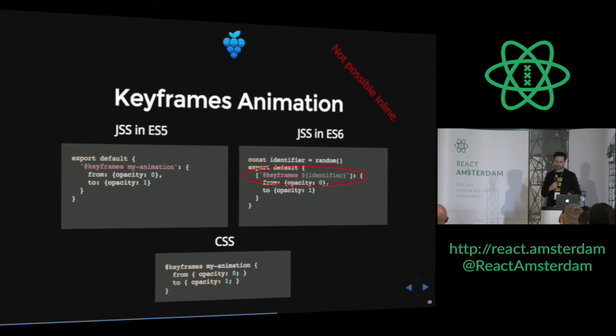It's any function you want to use for random string generation. Because actually, keyframes identifiers are also global. Once you write your name there, it's global for the entire document, and it can and will conflict at some point.